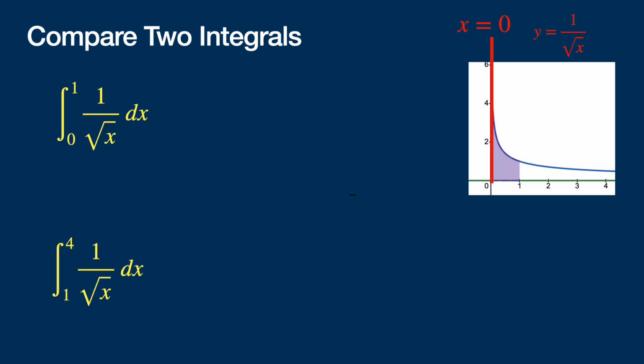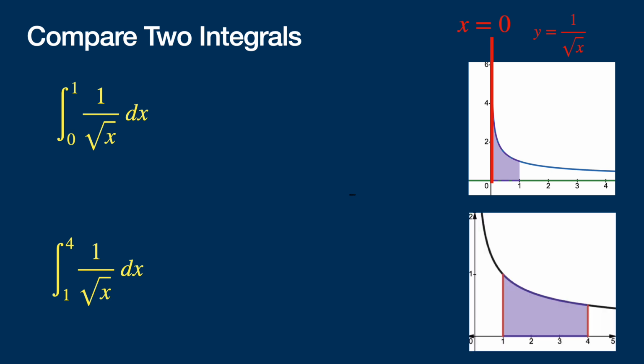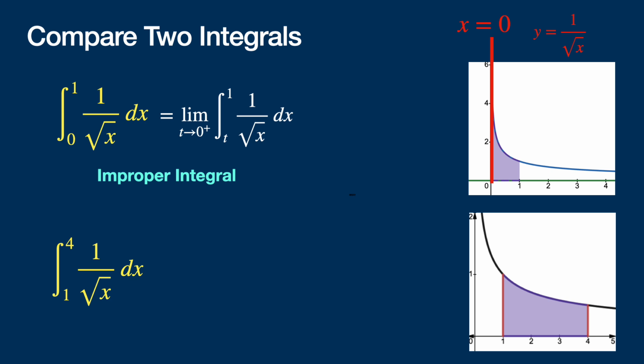But the second one is the same function, 1 over square root x, but the interval is different. The interval is 1 to 4, and there is no vertical asymptote. So this is not an improper integral. Which one is the improper integral? Only the first one. When you have an improper integral, like the previous one, we have to use the definition of an improper integral.